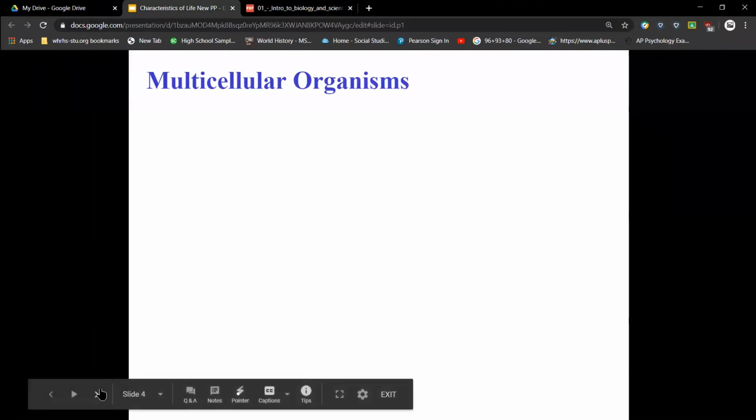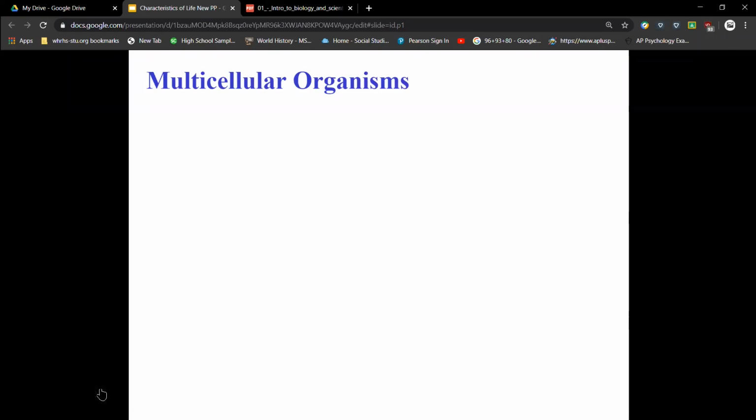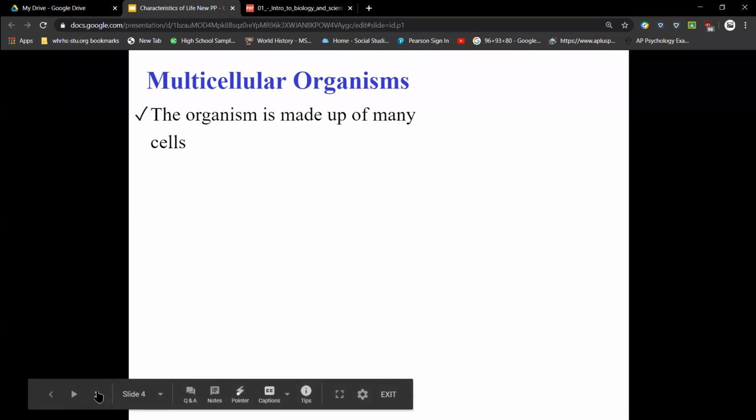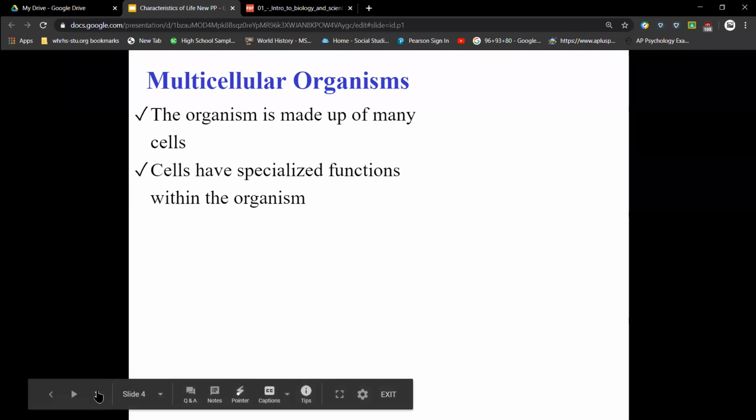We are an example of multicellular organisms, because we contain many different types of cells, and we're made up of many, many cells. These cells in us have specialized functions. For example, your nerve cells will communicate to your brain. Your liver cells will help you to digest food. So the cells in us have specialized functions, while in unicellular organisms, it's just one cell doing all the work for the organism.